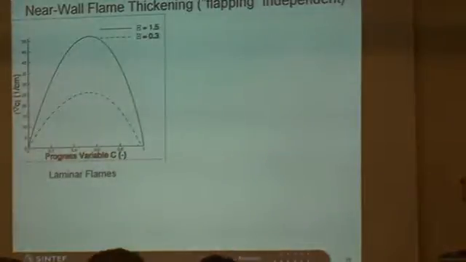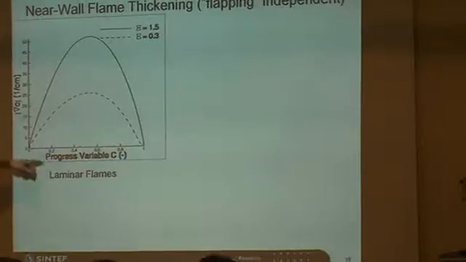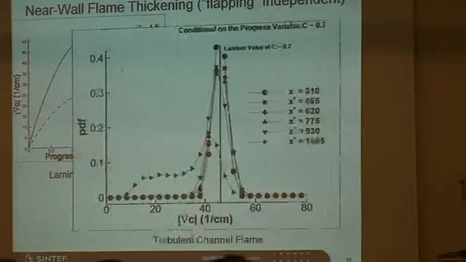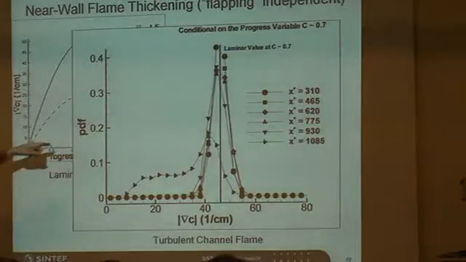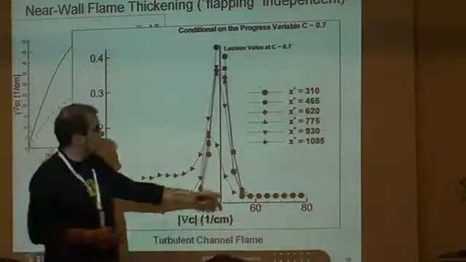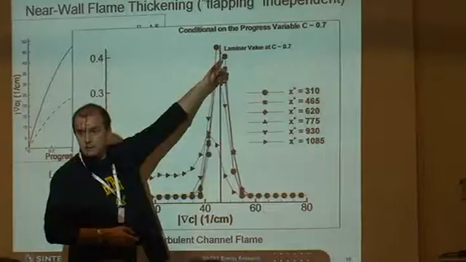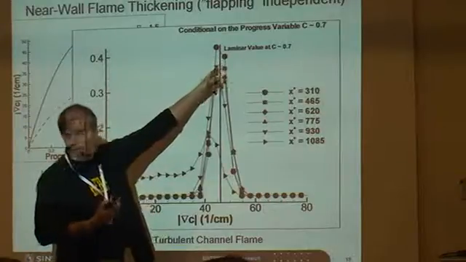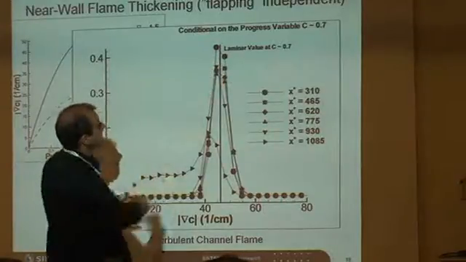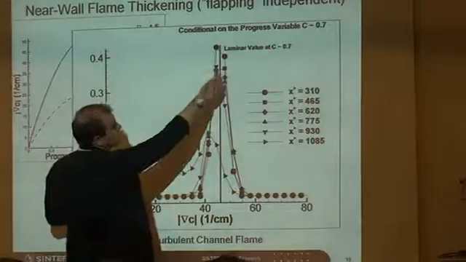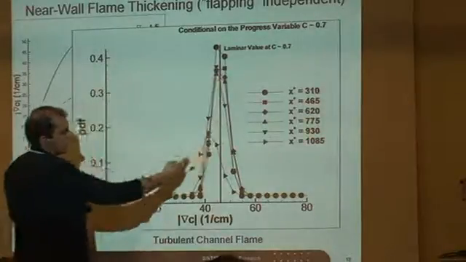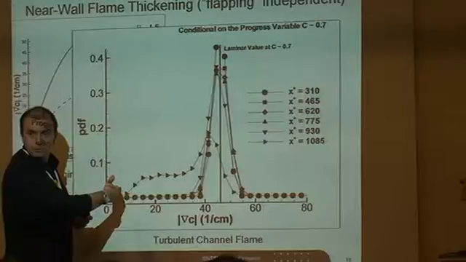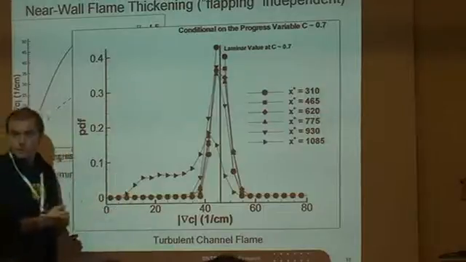But what we observe is that if you take the gradient of the progress variable, you can get an indication of the flame thickness, because the higher the gradient, the thinner the flame. So we did the PDF of this, scaled by the laminar flame gradient of the progress variable, and you see that the turbulent flame is mostly in this region, but when it comes to the wall, the PDF is skewed toward other values of the gradient.